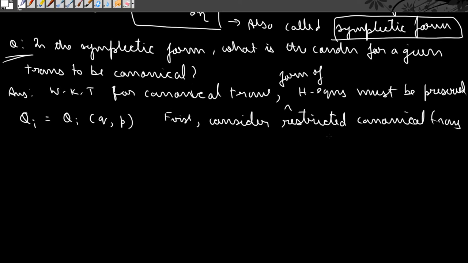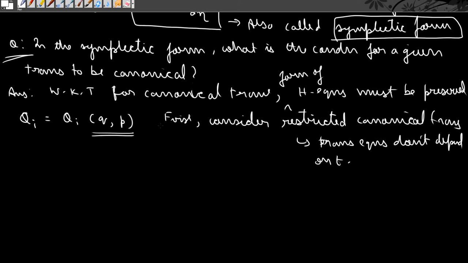By restricted canonical transformation, I mean that the transformation equations don't depend on time, there is no explicit dependence on time, only q and p.